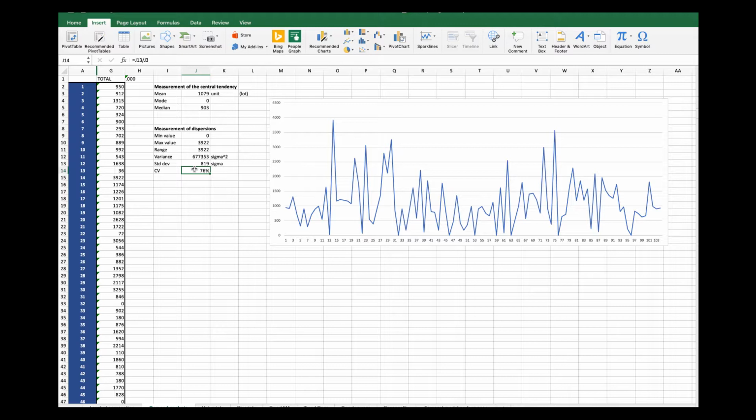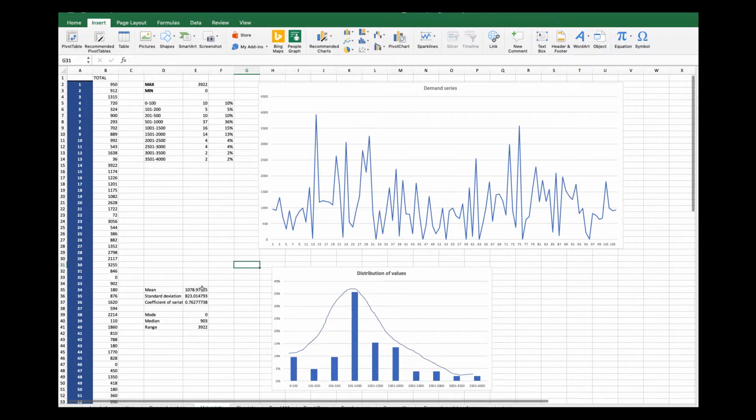So you have a variability of 76% compared to the demand, and this is also represented by the value of the range, because again you have a very large span of values that goes from 0, so you have periods where you have 0, and 3,922 lots of 12 cans.